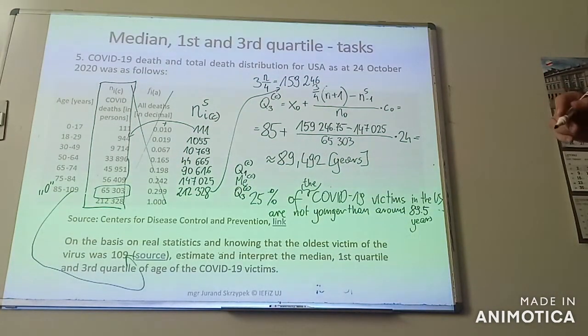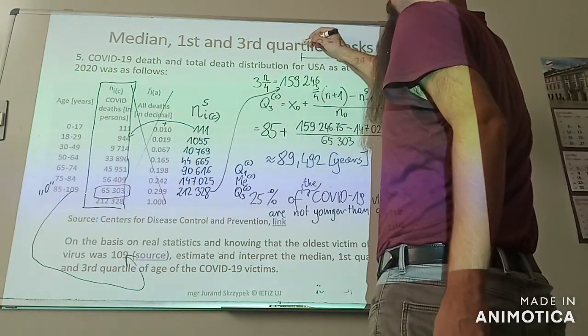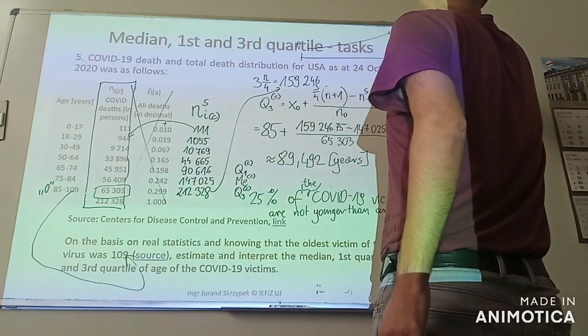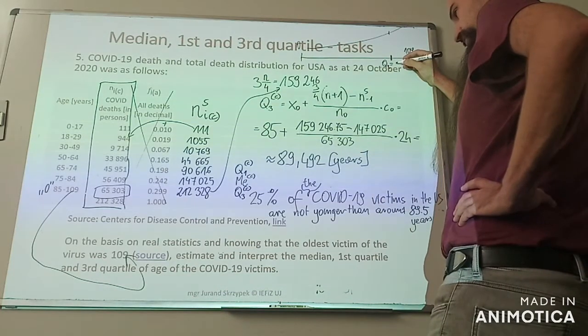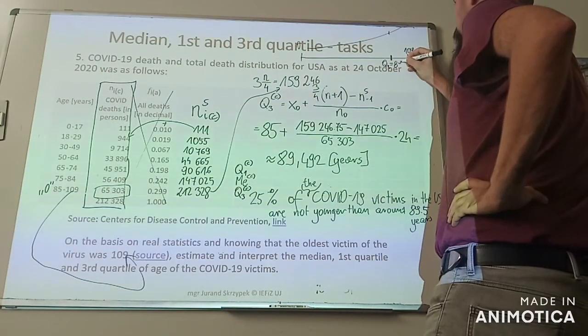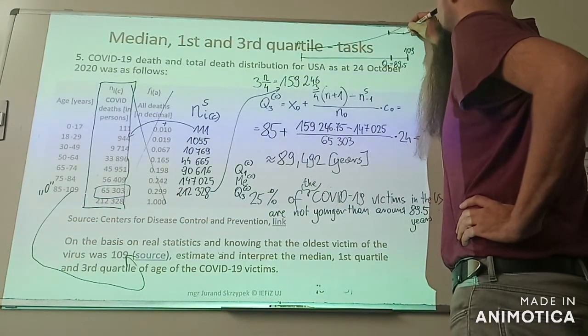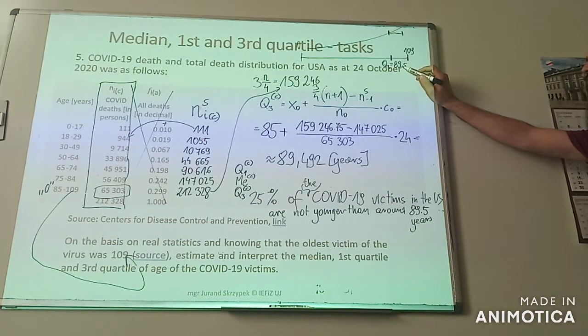are not younger than around 89.5 years. Alternative interpretation of that amount, because here we have our population from the point of view of age from 0 up to 109, and we see that here we have third quartile, which is about 89.5 years, and 25% of the oldest COVID-19 victims are characterized by the age not lower than 89.5 years.